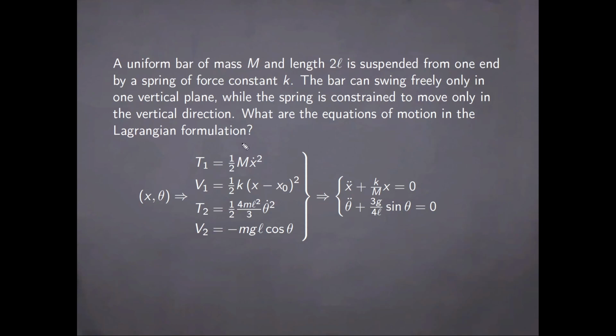And then it's very simple to just write a Lagrangian from these four terms and derive immediately the equations of motion to find the equations of a simple harmonic oscillator for the spring and a pendulum equation for the bar swinging about the vertical direction.